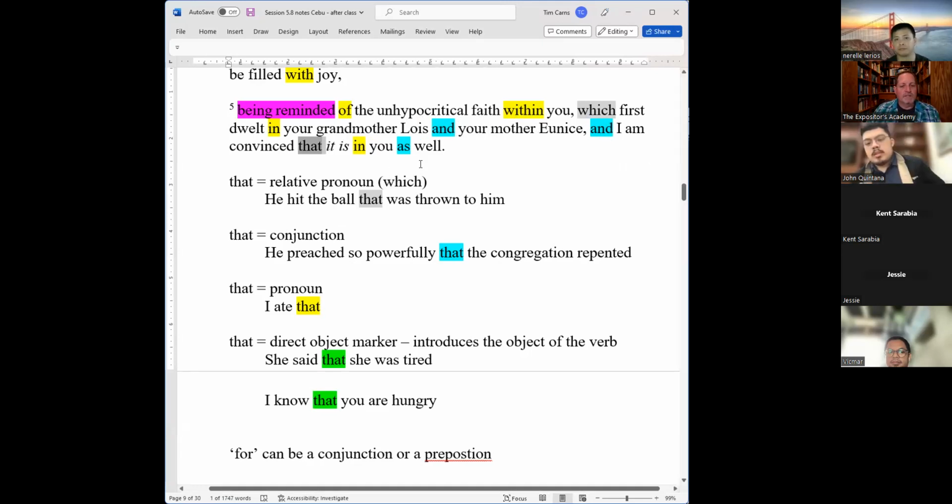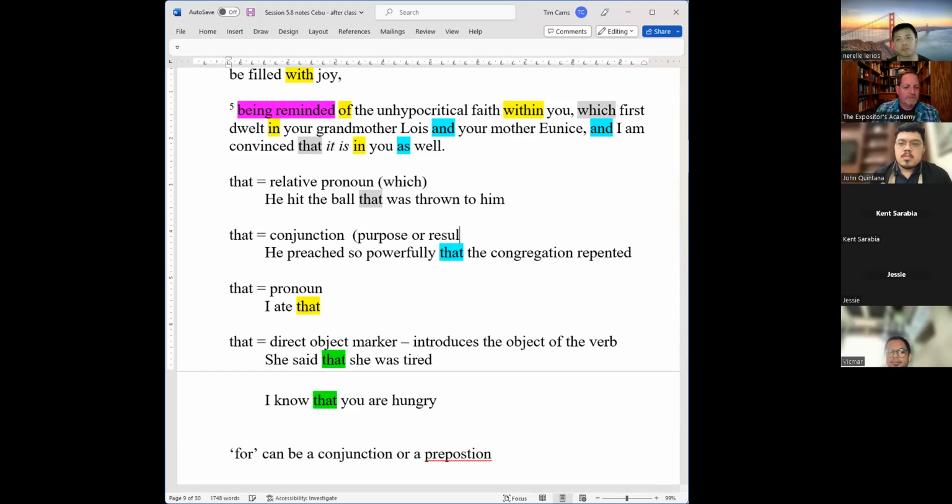Okay. Is it a conjunction? It could be, but again, you want to ask, I am convinced that it is in you. It's not giving us a result or a purpose, which is how normally "that" will function when it's a conjunction.